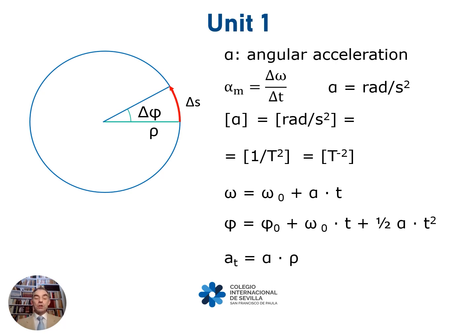The tangent acceleration, meaning the linear acceleration tangent to the trajectory that the moving body has, equals the angular acceleration times the radius.